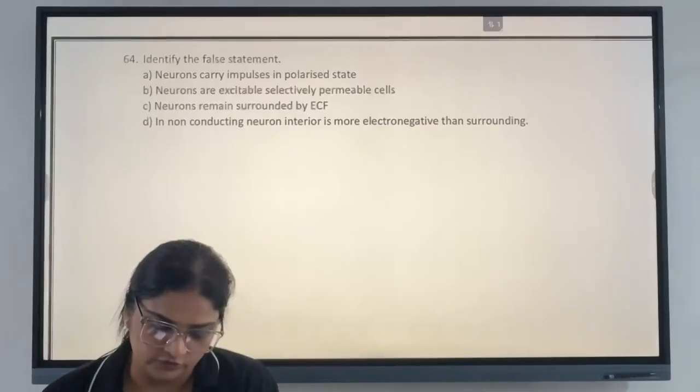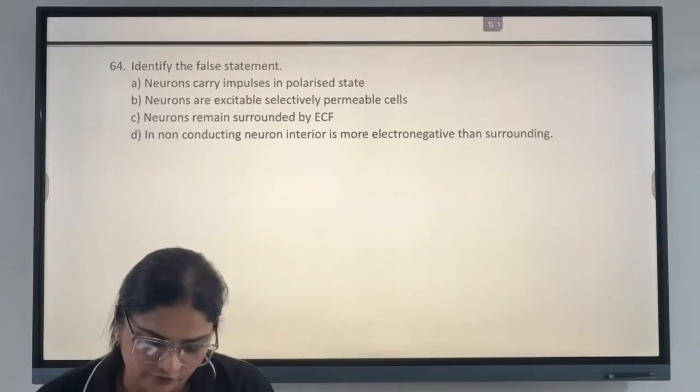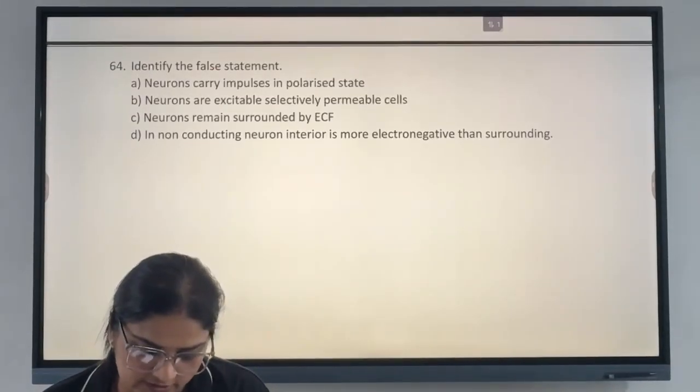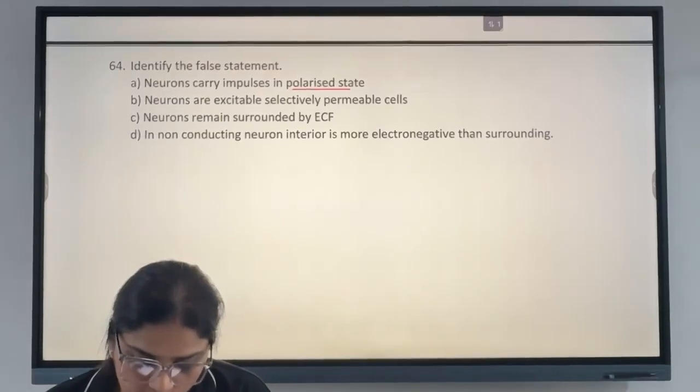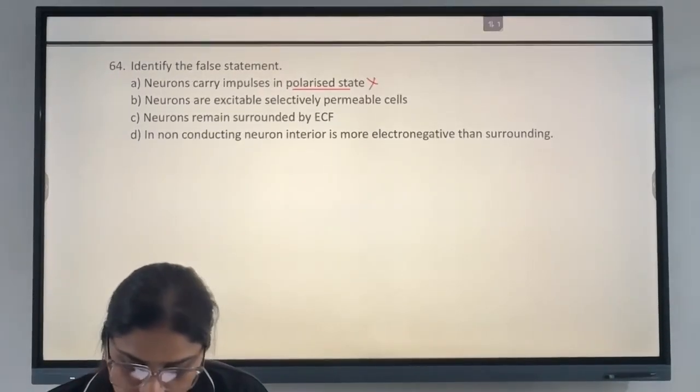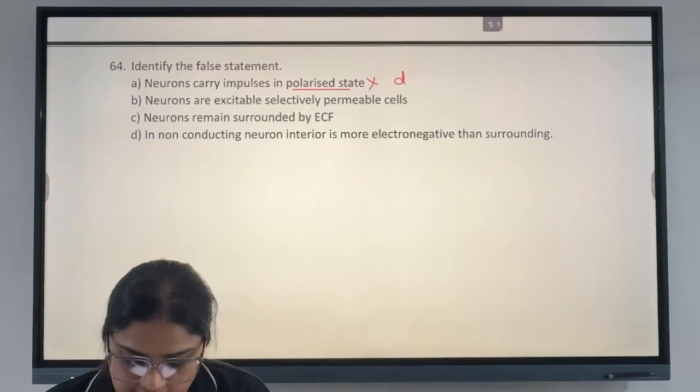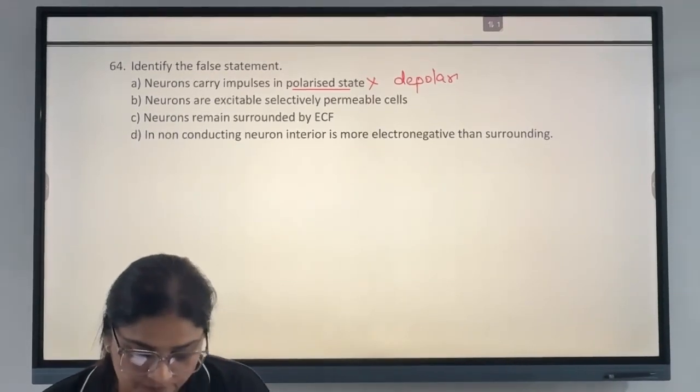Going to 64th question. Identify the false statement. You have to find out which is false. Let's check. Statement 1 says neurons carry impulse in polarized state. Wrong. They carry impulse in depolarized state. Okay, so this word is wrong.